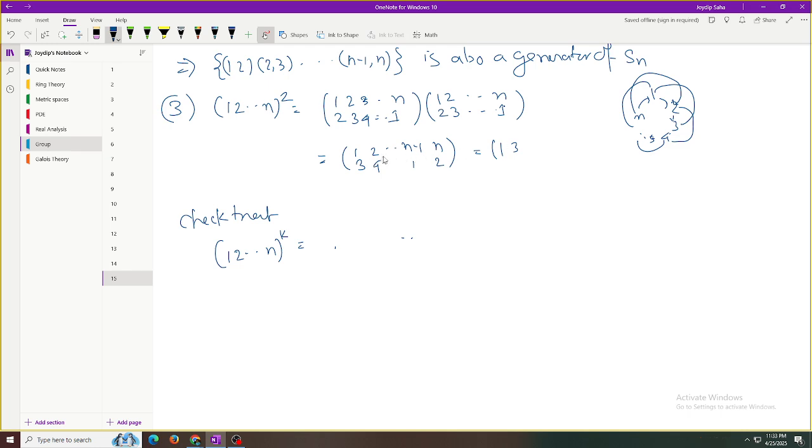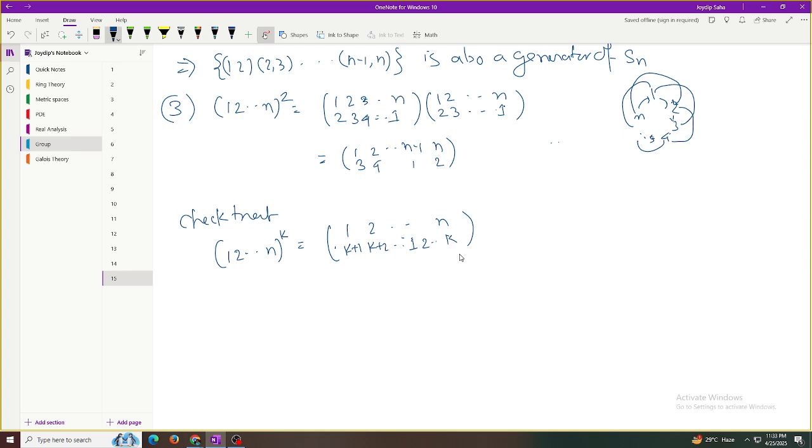Then 3 goes to 5. This type. So I write this notation: 1 goes to k plus 1, 2 goes to k plus 2, and so on. What is then n? n goes to k, right?